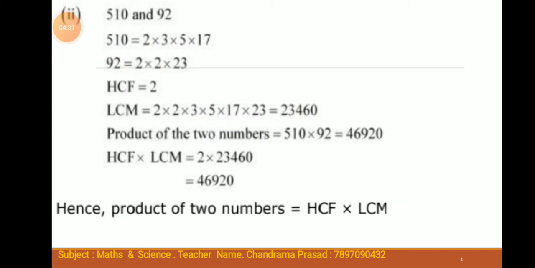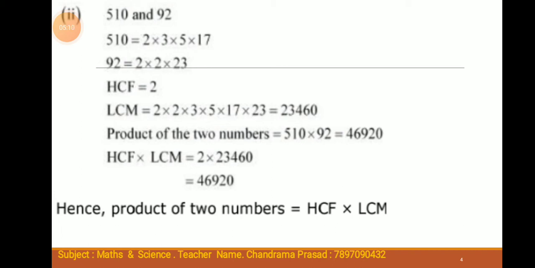Second, the given numbers are 510 and 92. The prime factorization of 510 equals 2 into 3 into 5 into 17 and the prime factorization of 92 equals 2 into 2 into 23. Therefore, HCF equals 2 and LCM equals 2 into 2 into 3 into 5 into 17 into 23 equals 23,460.